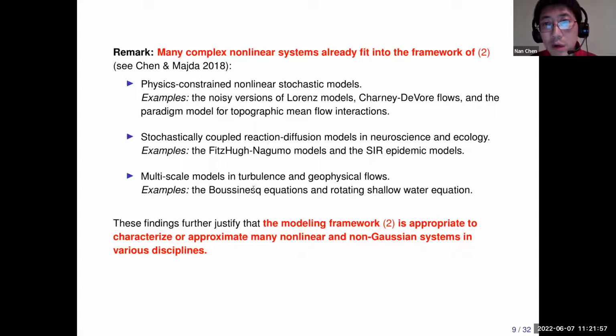Then those systems will also belong to the general framework too, for example, the Boussinesq model or shallow-water equations. What I want to show here indicates that the mathematical modeling framework, number 2, is an appropriate one to characterize or at least approximate many nonlinear and non-Gaussian systems in different areas.